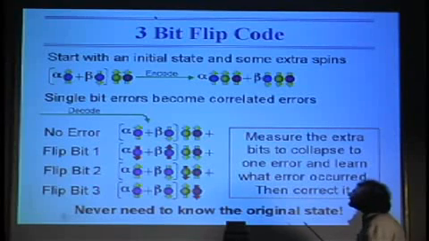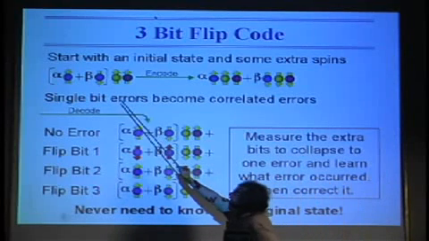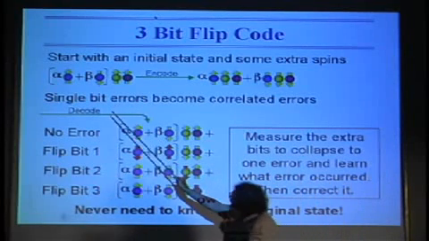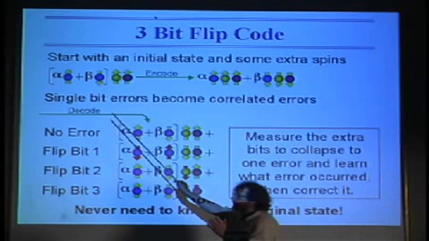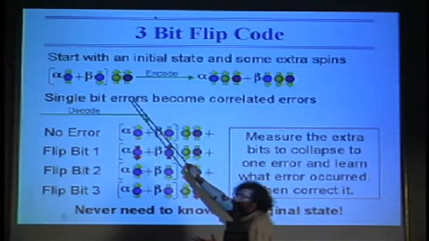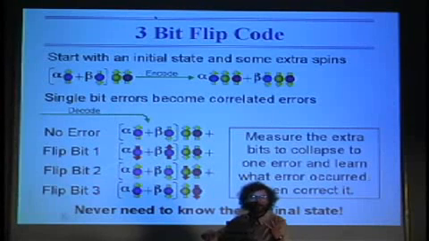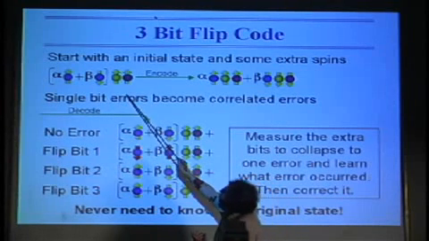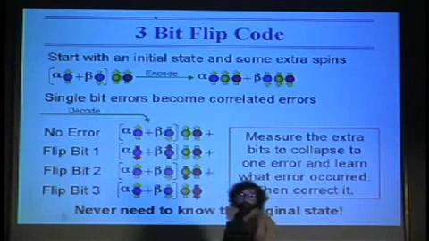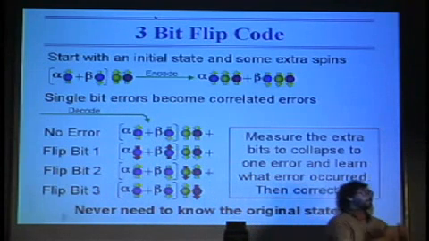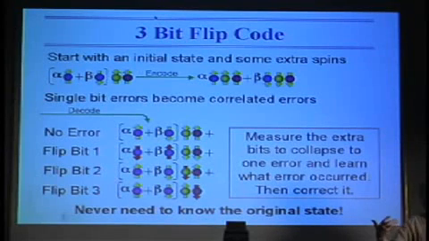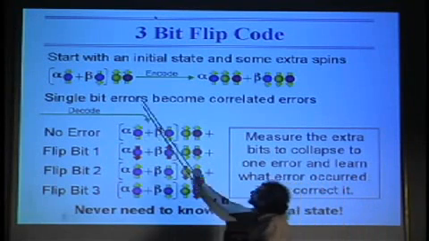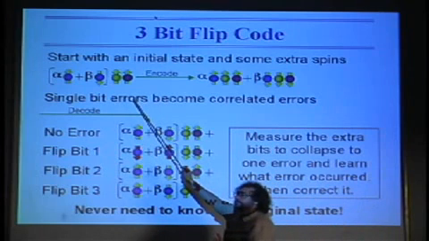Now, if I have my one spin of interest, there are two possibilities. Did it flip or didn't it? Then I need to have two Hilbert spaces to code that information, two copies of the Hilbert space. But when I add one ancilla, then of course I've copied the Hilbert space once. I have two copies, but now I have the additional possibility that there could be an error on the ancilla.